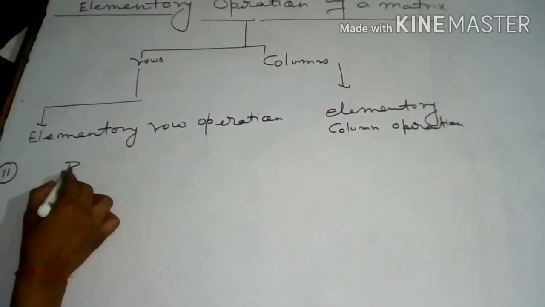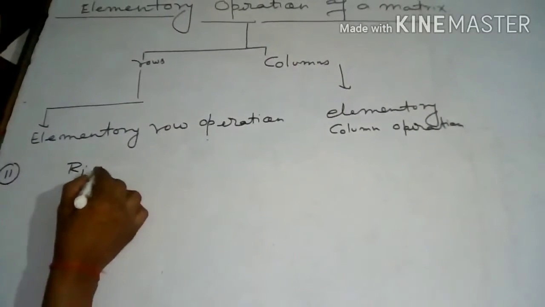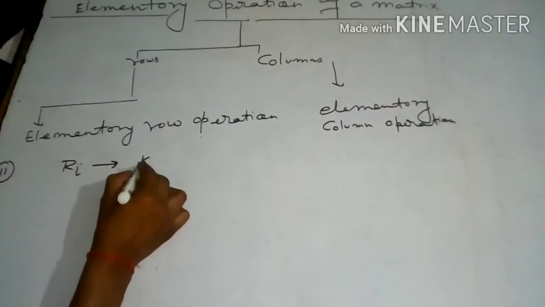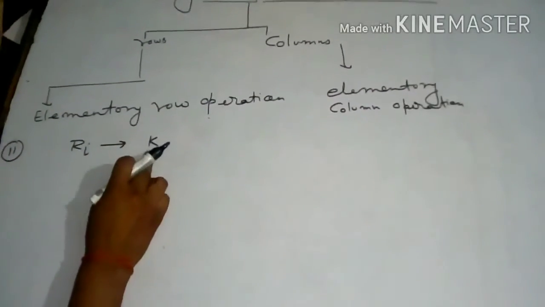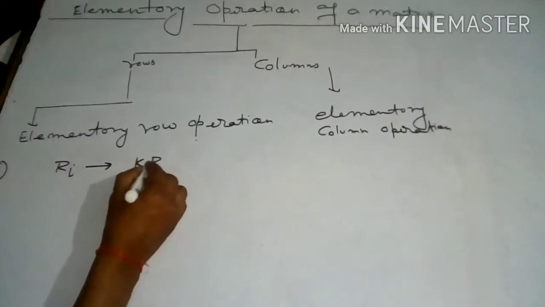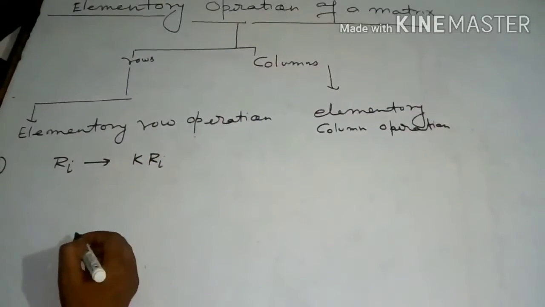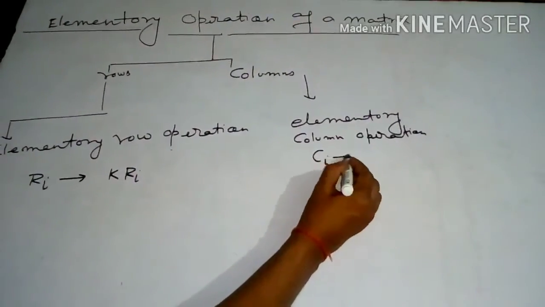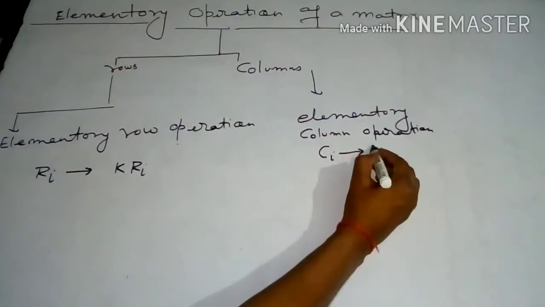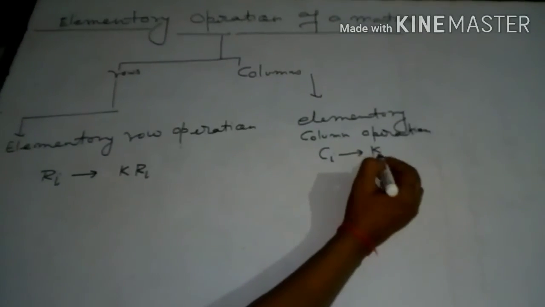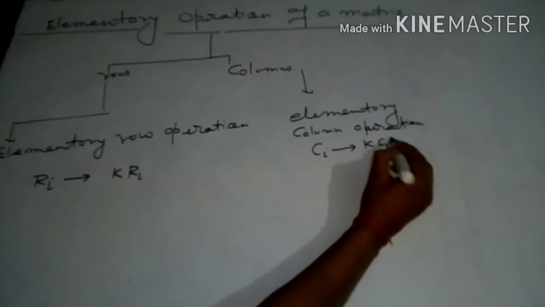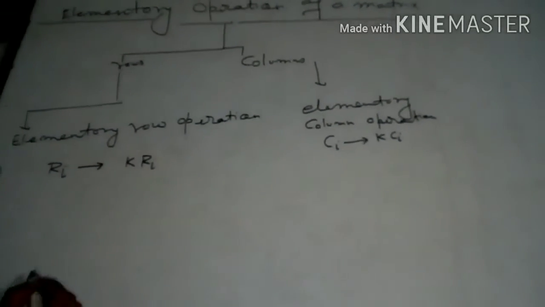Suppose in the ith row we multiply by a non-zero constant k, either negative or positive; we will get k times Ri. In a similar way, suppose in the ith column we multiply by a constant k; we will get k times the ith column.